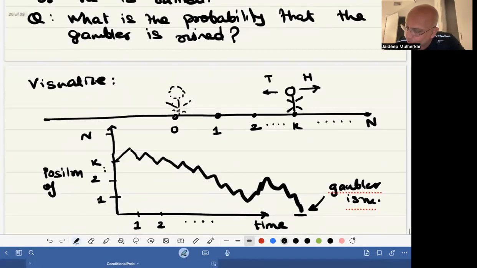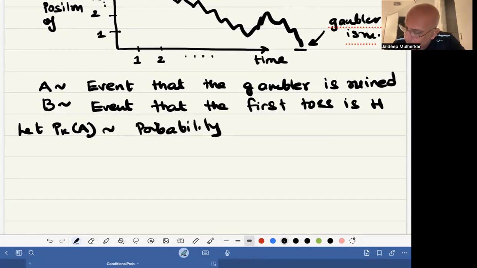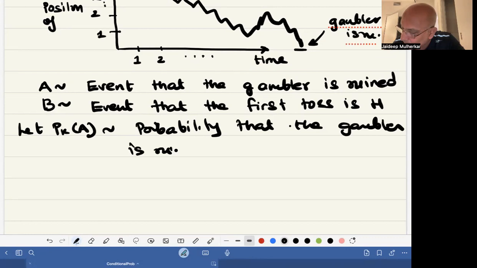Why are we conditioning on the first toss? First, to solve this problem, let Pk of A be the probability that the gambler is ruined starting with K dollars of capital.